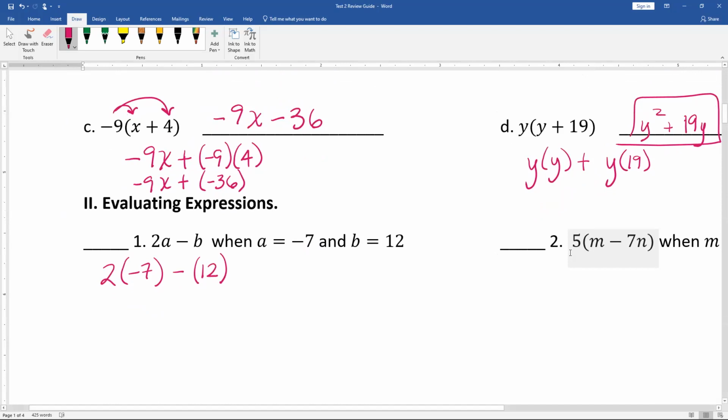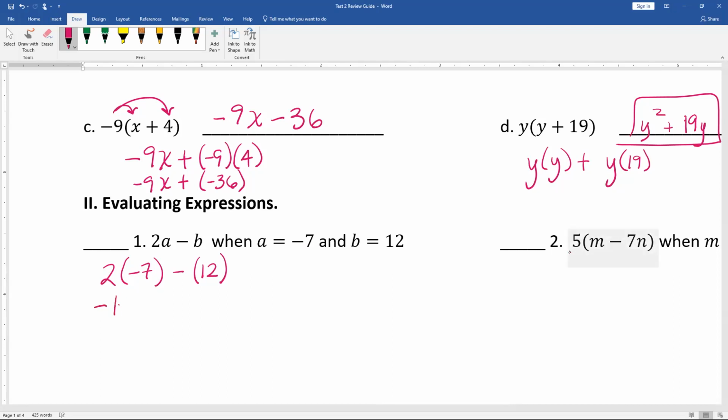All right, so you plug in the values for A and B. Also, even though you know that any coefficient, in this case 2 times a variable, is always multiplication, it's still important when you plug in the value of a variable to use parentheses so you don't miss any negatives. So 2 times negative 7. Very good.